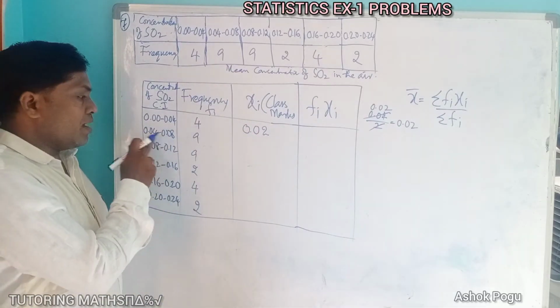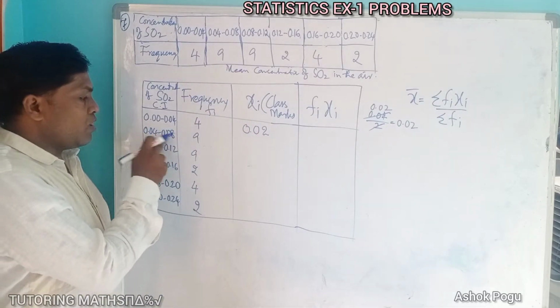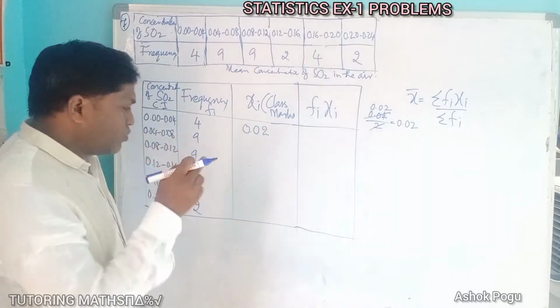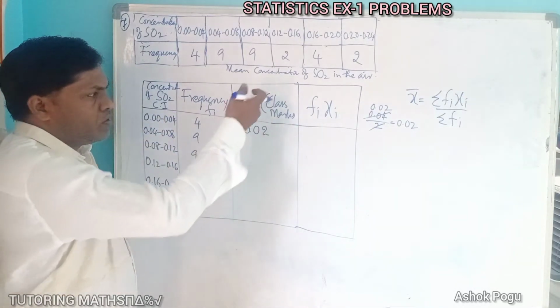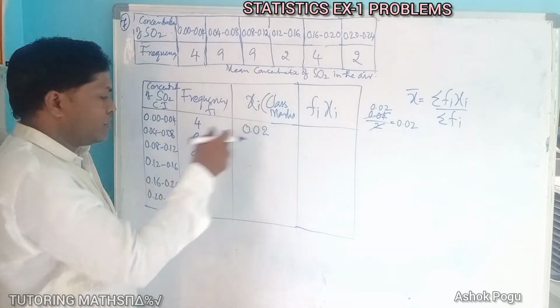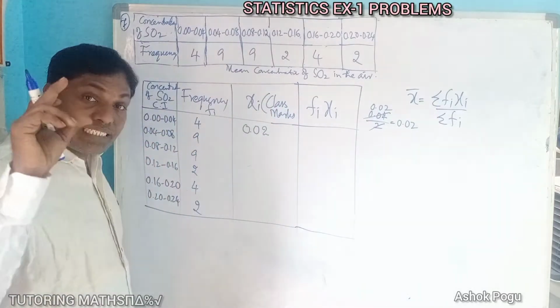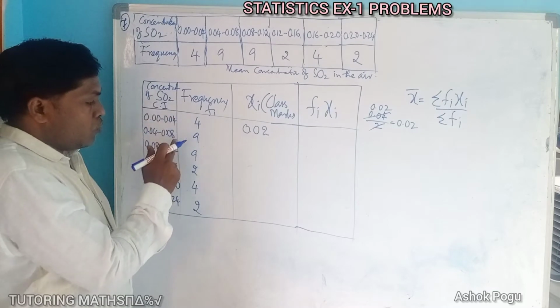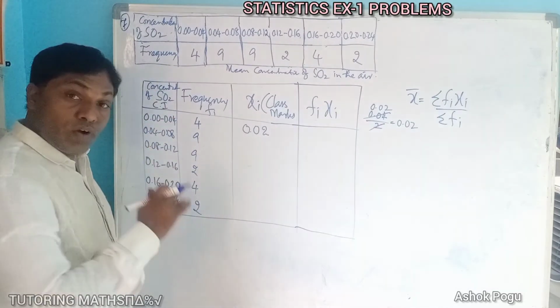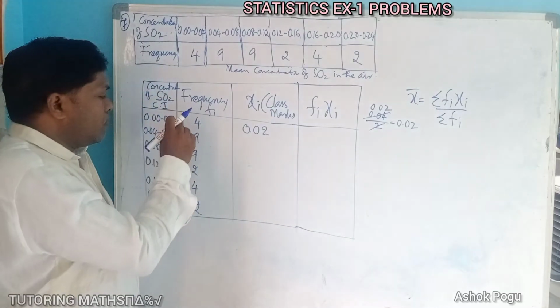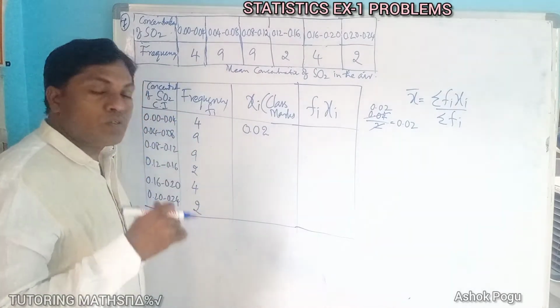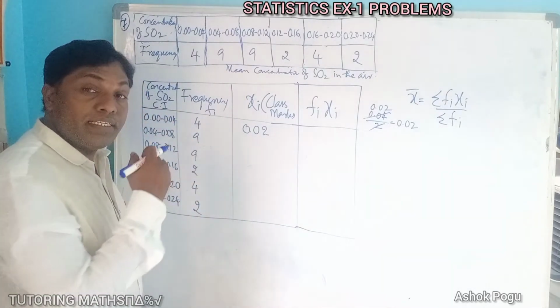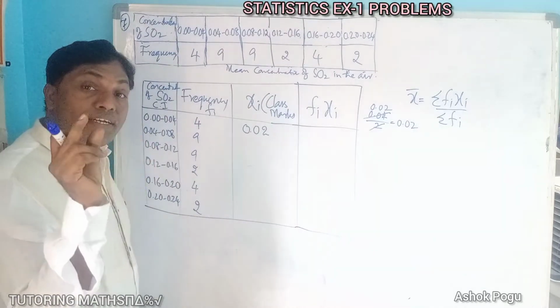Coming to the second one, you need not calculate the remaining class marks. Why? Because observe the class size, the height of the class: 0.04, 0.08, 0.12, 0.16, 0.20, 0.24. It goes on increasing by 0.04.